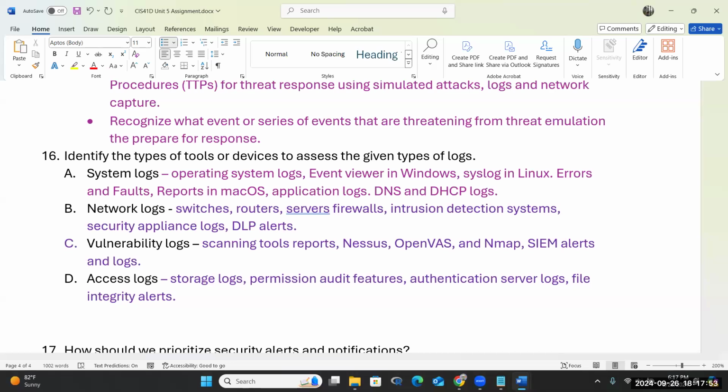And then when we look at access logs, so if we see escalation of privileges, right, or someone is brute forcing or attempted to do so anyways, we would look at authentication server logs. But in the case that someone is, before they leak data, they have to access the data.